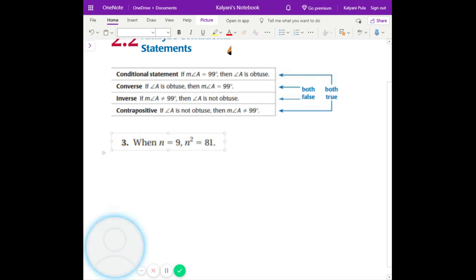The statement given to you is: when n is 9, n squared is 81. First, you have to write a statement just like this using if-then. First, write down the statement. I want you to write down these statements.